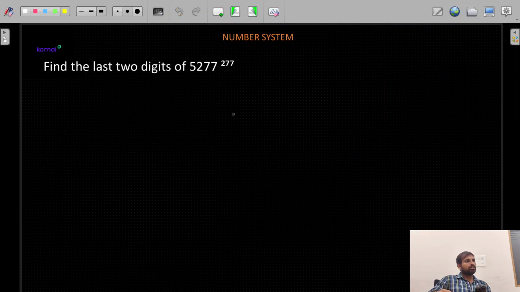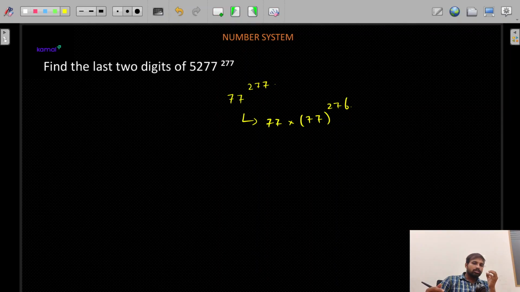We'll go to the next question now. It doesn't matter how many digits are there. I'm just taking 77 power 277. So here 276 is a multiple of 4, not 277. I can split this as 77 into 77 power 276. If a number should end with 01, for 7 the power should be a multiple of 4.